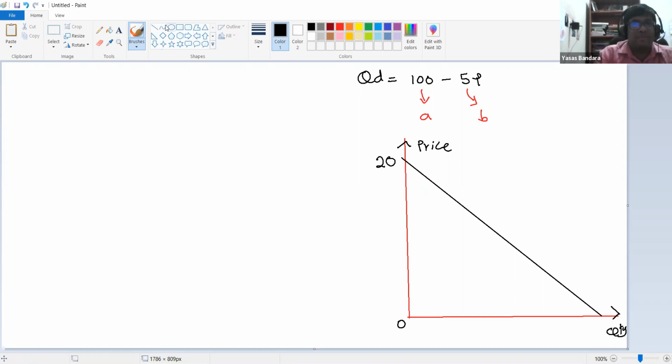Shall we take three prices? Let us take first 15 rupees, and we also can take 10 rupees, and we also can take 5 rupees. Okay, these are the three prices we selected now: 15, 10, and 5.